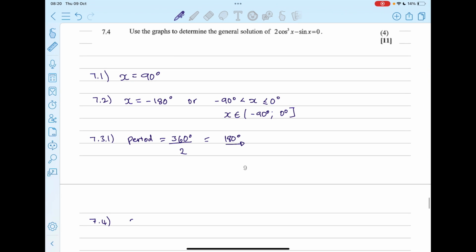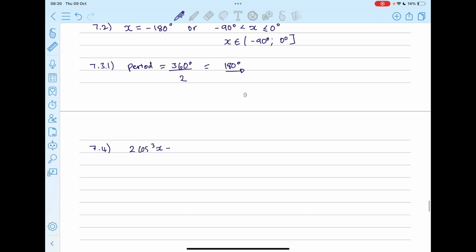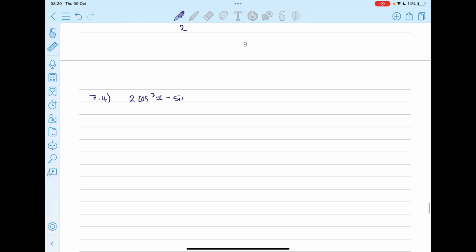So the equation is 2 cos cubed x minus sine x is equal to 0. We can take sine x to the right hand side, so now we've got a positive sine x.